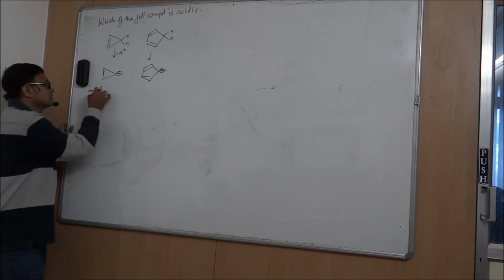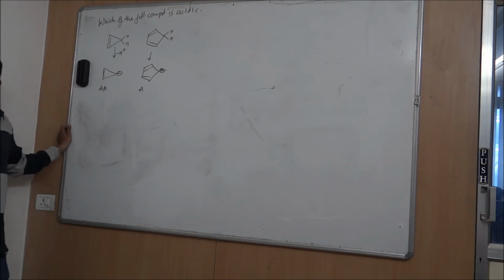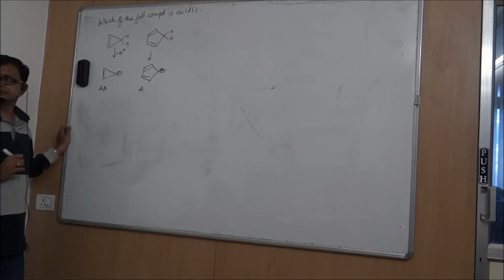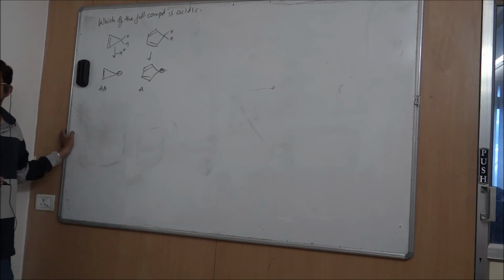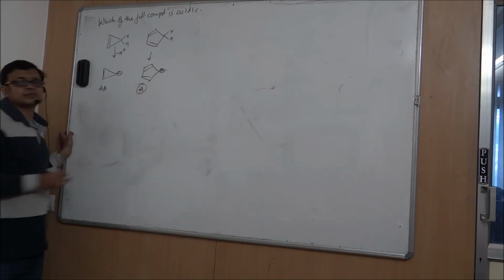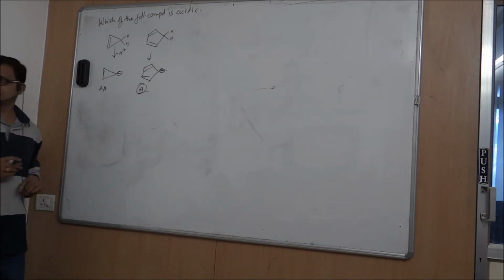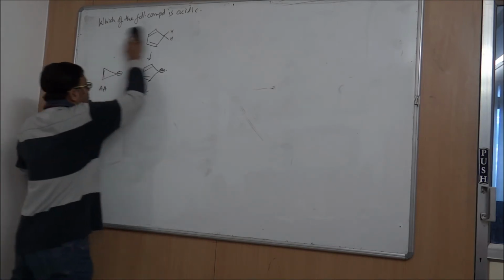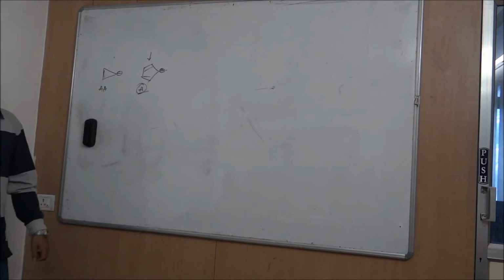The first one is anti-aromatic. This one is aromatic, with 6 pi electrons and conjugation delocalization. The system is aromatic. So if it is getting aromatic nature, so it will be... next.